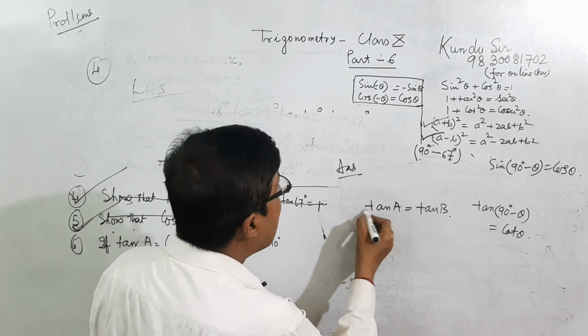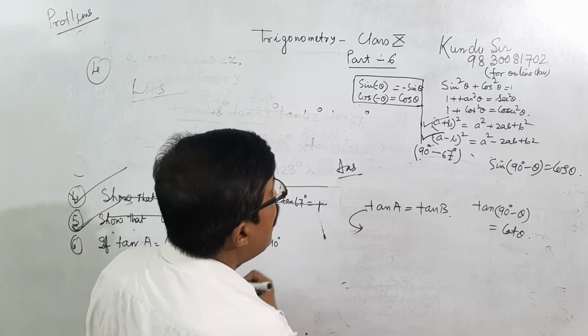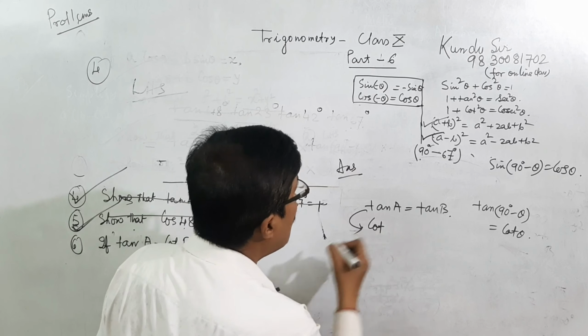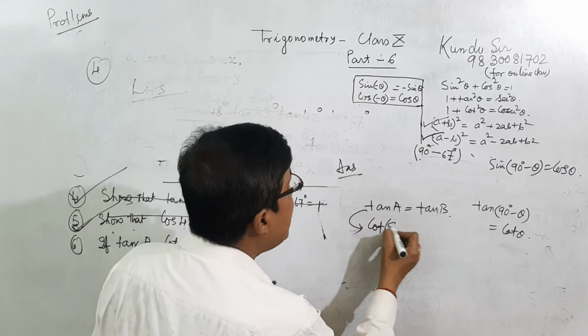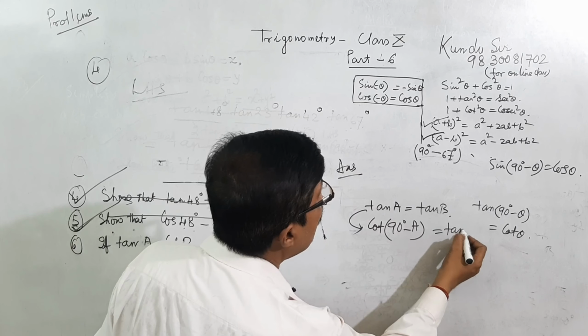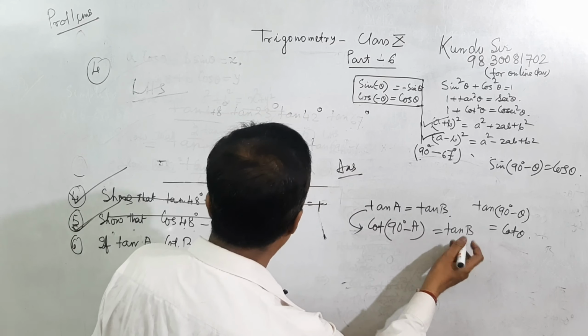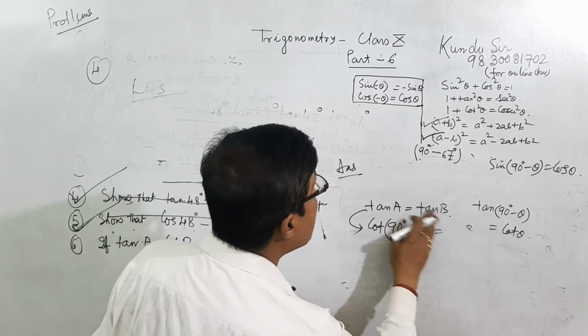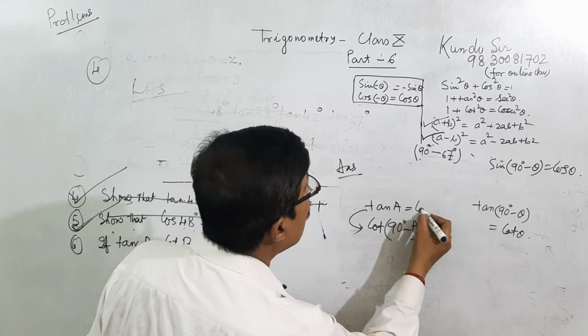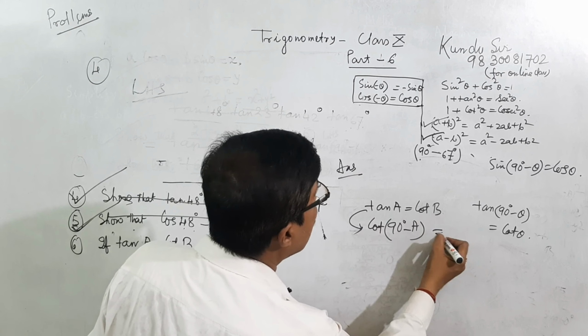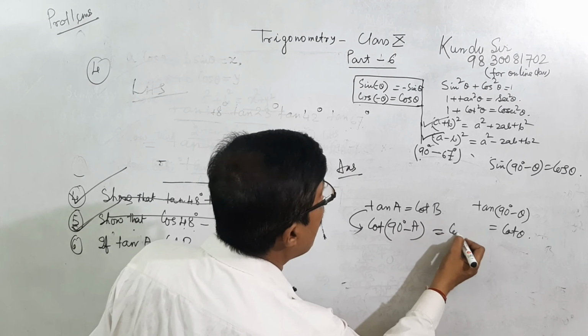Then cot 90 degree minus A can be written as tan A, and that is equal to the given cot B.